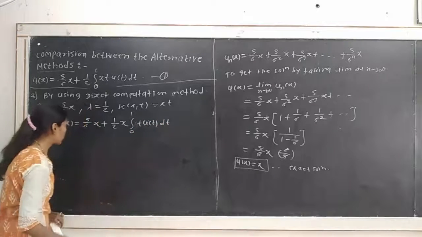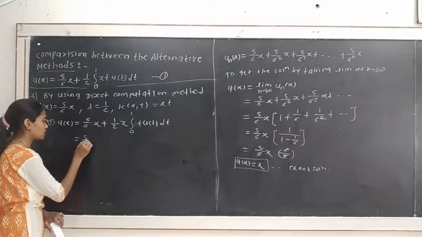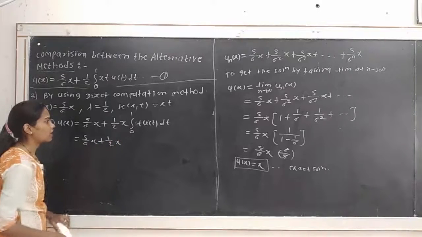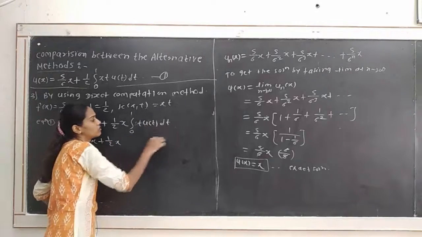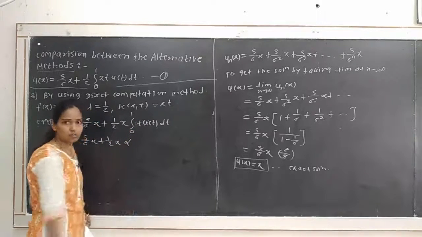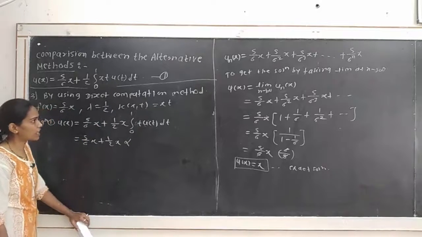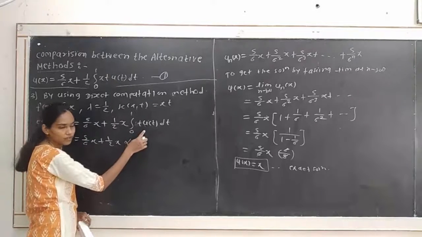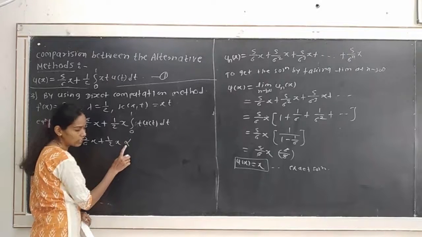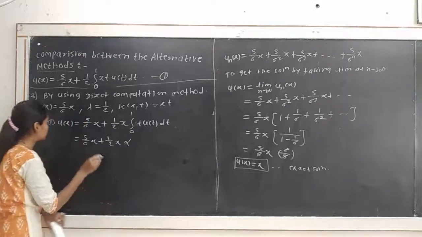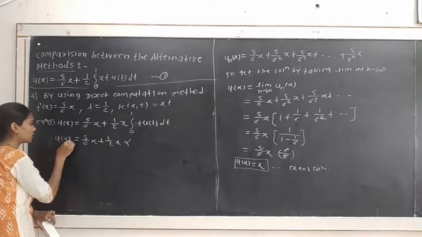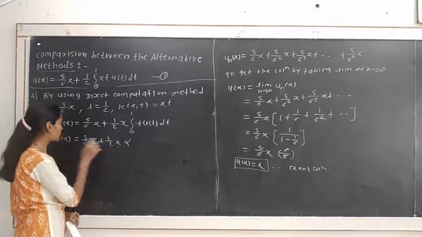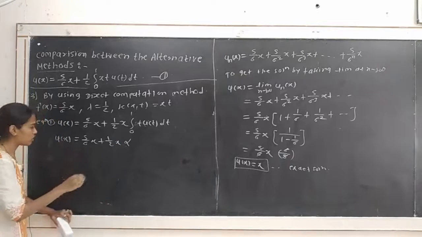This integration is only in terms of t, so we consider it as some constant, alpha, using the direct computation method. By finding this definite integral we get the numeric value of alpha, so alpha will be a constant, and by putting the value of alpha we get the solution, that is u of x.